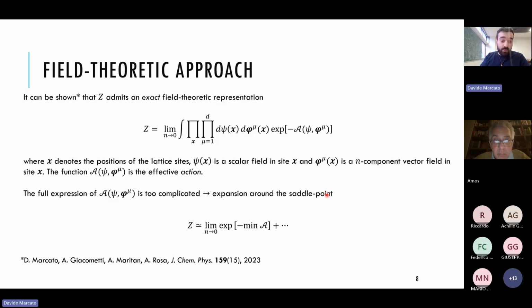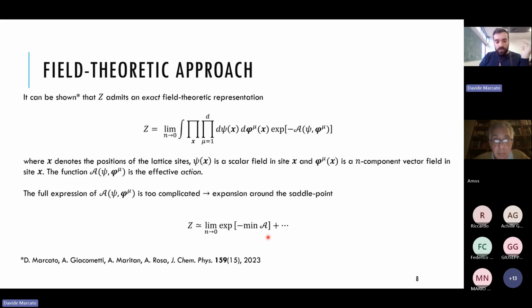If you stop at first order, this is basically the approximation that you get for your partition function. So you will have saddle point equations, which you will solve numerically, and then you plug the results back into the expression of the action, and you have your approximate expression for the partition function.